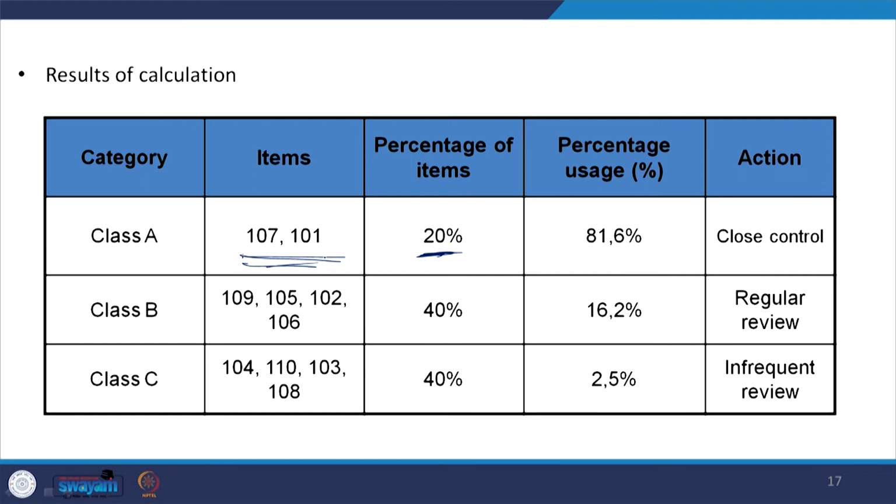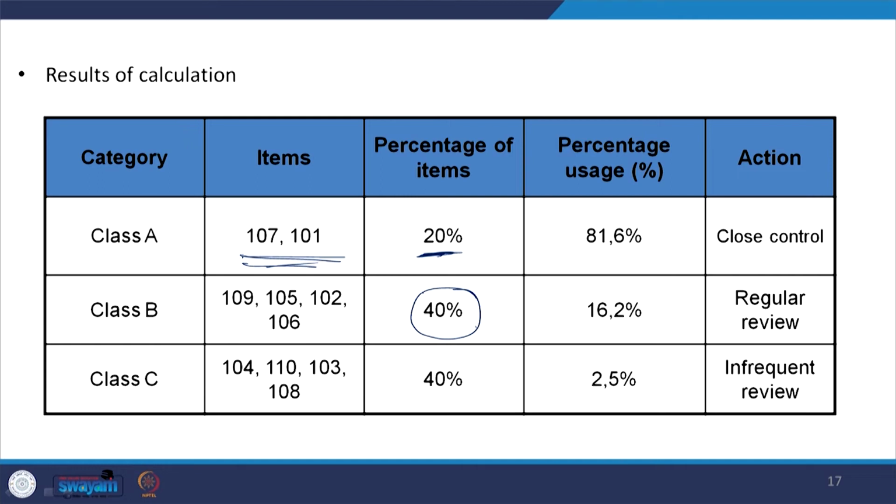Then another category is those items which are in the B category. Now, these are the 10 items. So, somewhere around 40% of the items can be in the B category, and 10 items are there.